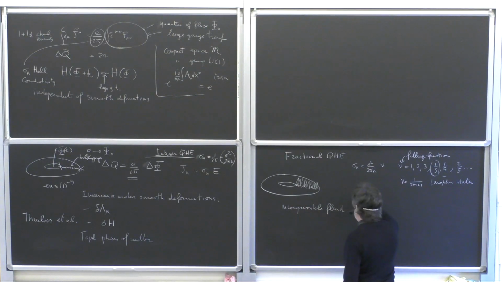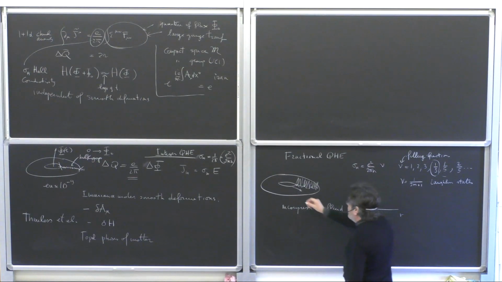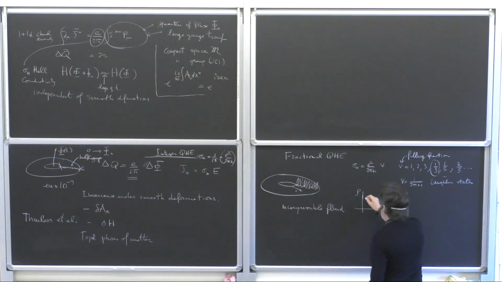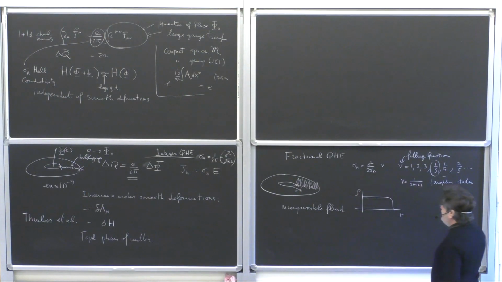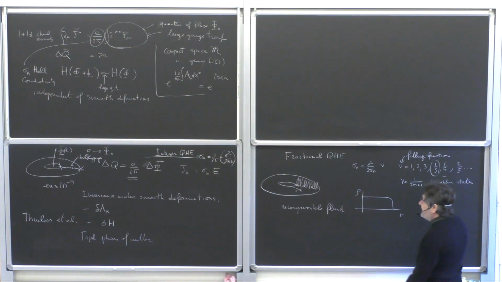If you have a completely filled Landau level, the density as a function of the radius, here the radial direction, has a form like this. Because you have these one-particle states that are kind of little Gaussians around every synchrotron orbit.